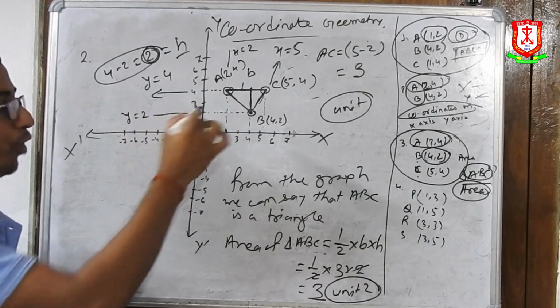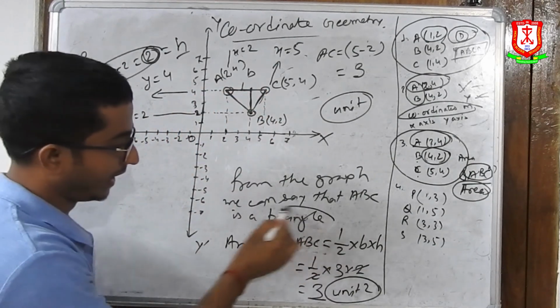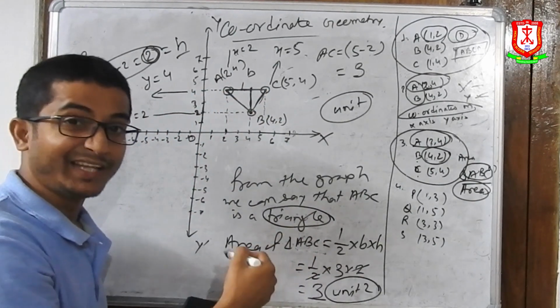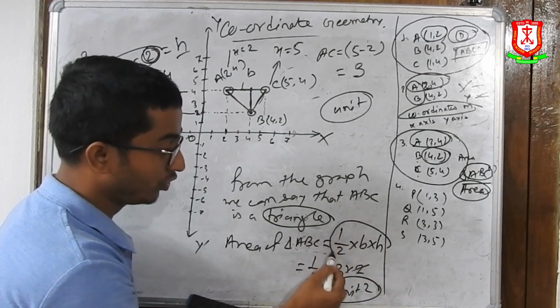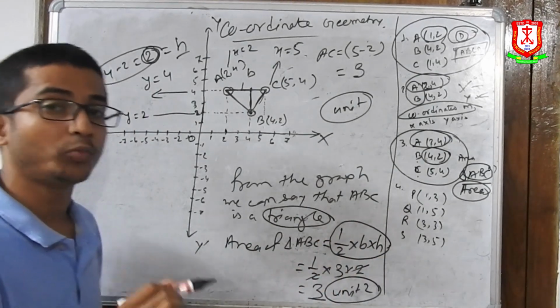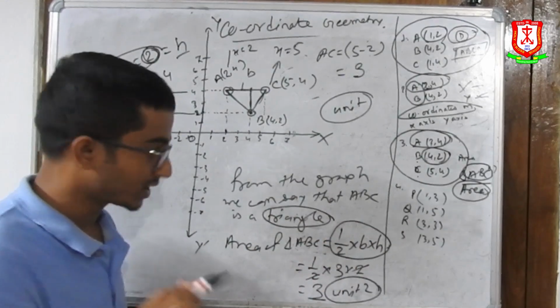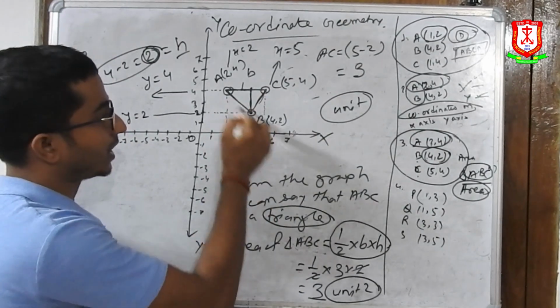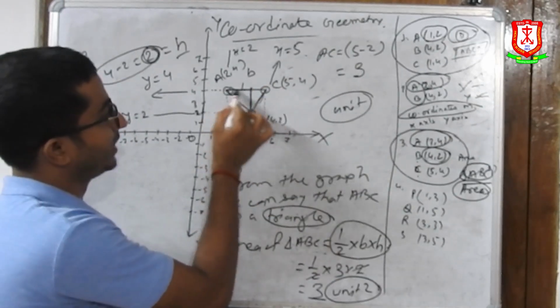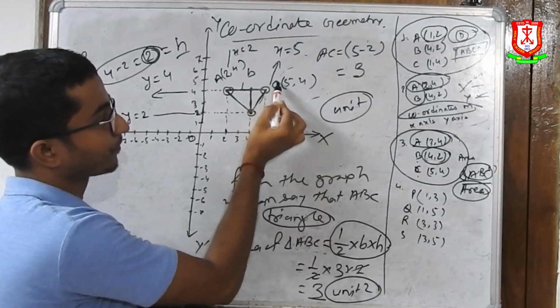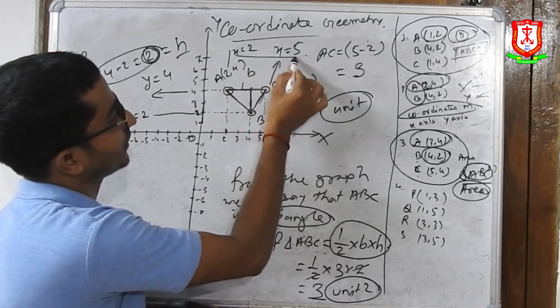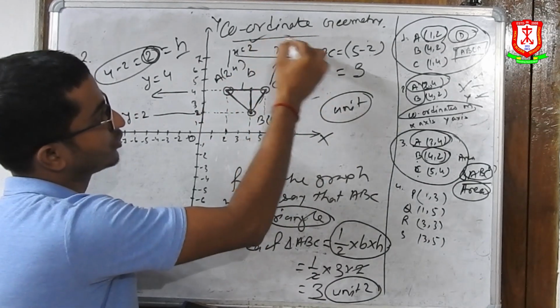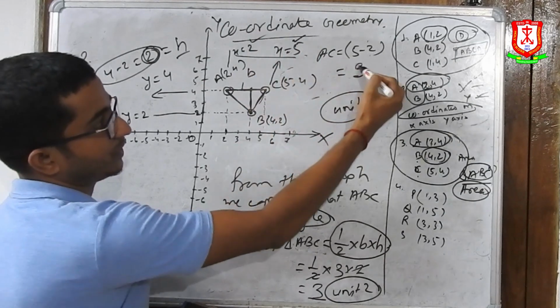After joining these points A, B, C, we got a triangle, and we have to find its area. What is the formula? Half into base into height. It is the formula for finding the area of a triangle. From this diagram, we consider the base as AC. The length of AC is the difference of the values of x, 5 minus 2, which becomes 3.